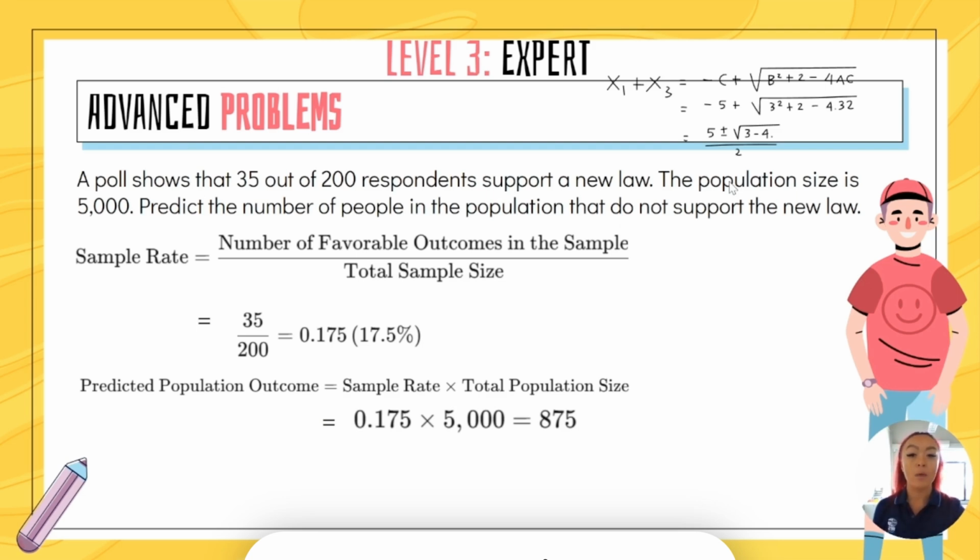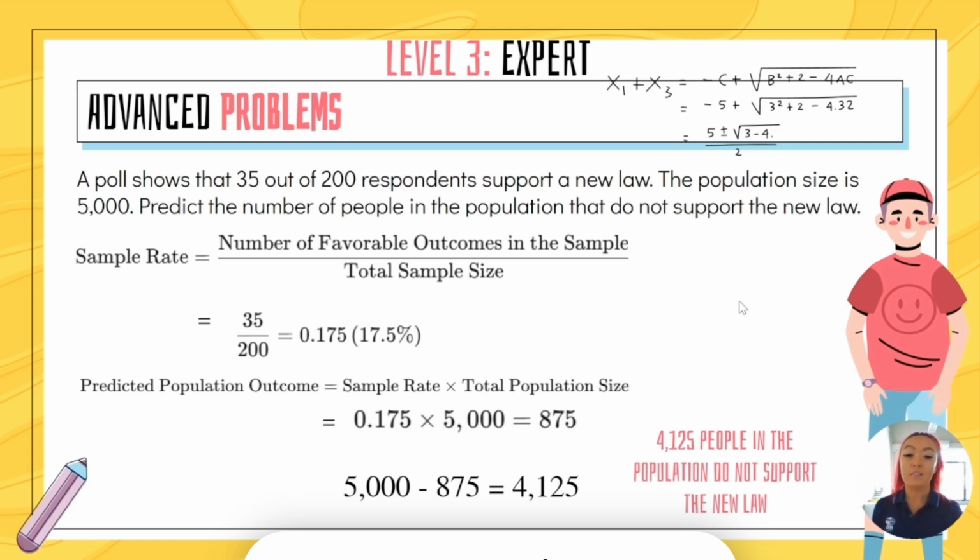So that means we have to take our population of 5,000 and subtract 875. And from that, we get 4,125. So it's predicted that 4,125 people in the population do not support the new law.